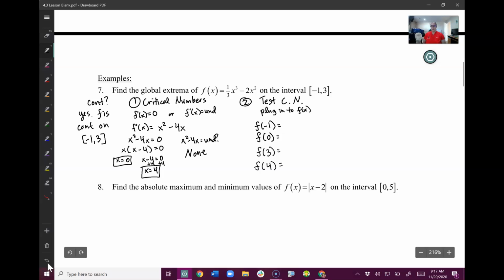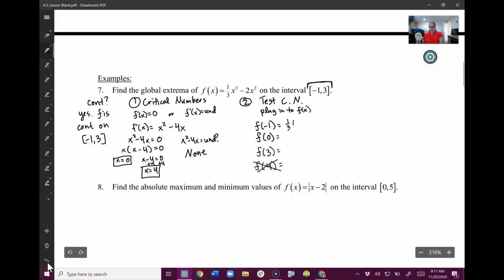Which means right now 4 is not in our interval. So it is a critical number, but because it's not in the interval we're focusing on, it doesn't count for this problem. So we're going to plug in the critical number and the endpoints and see what we get.